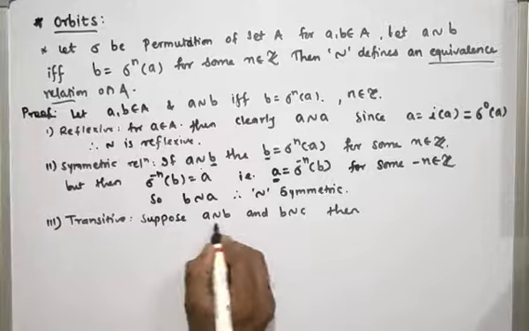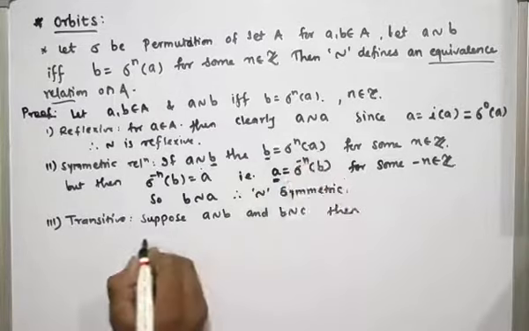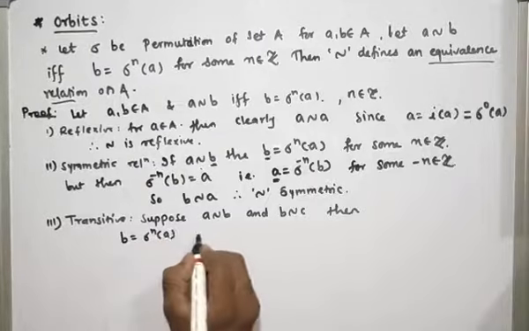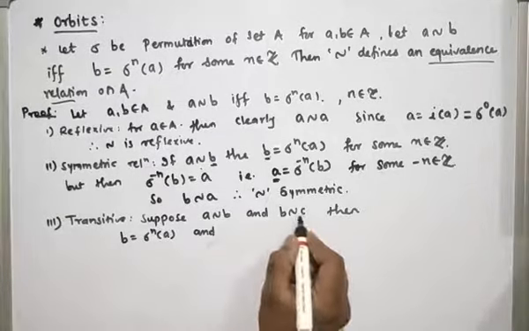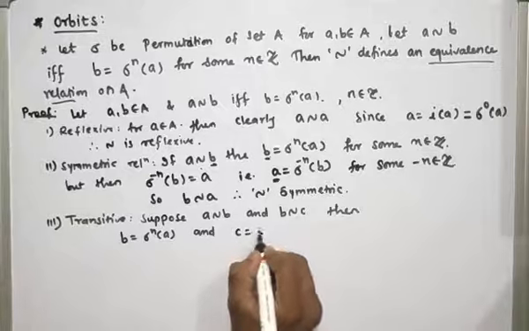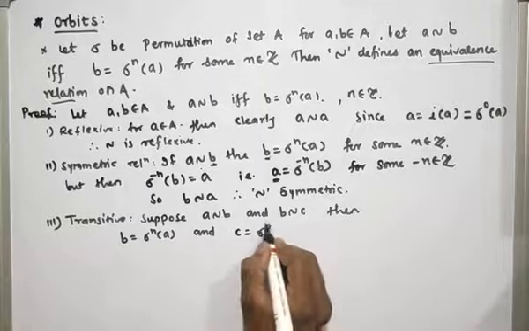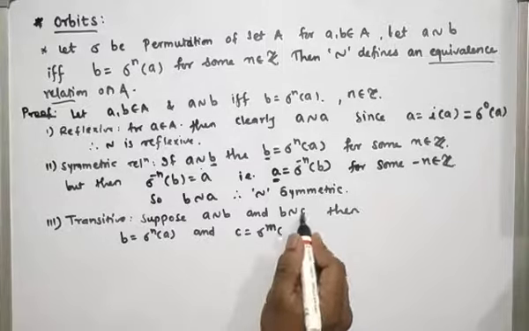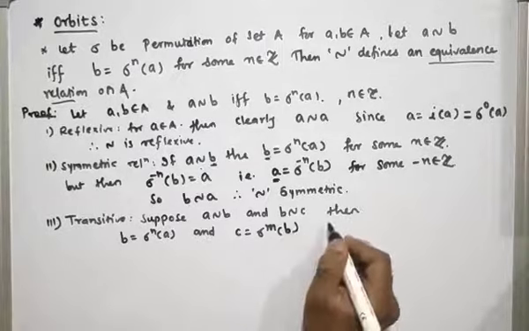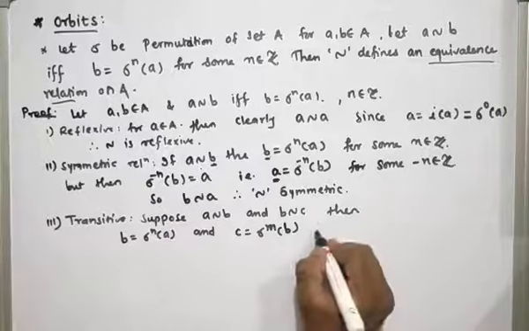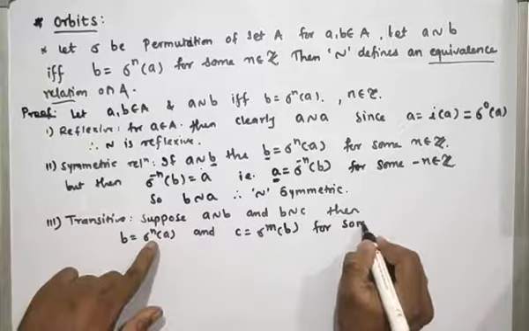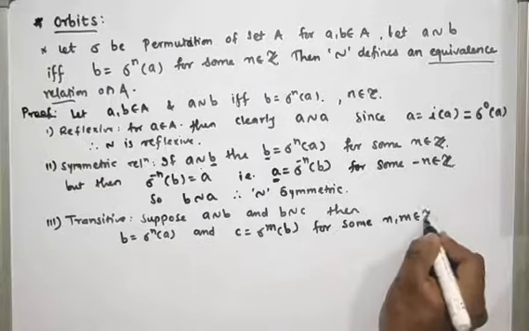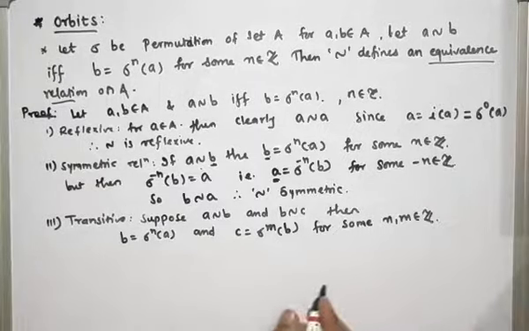A equivalent to B means B is equal to sigma raised to n of A, and B equivalent to C means C is equal to sigma raised to m of B, for some n and m belonging to the set of integers.